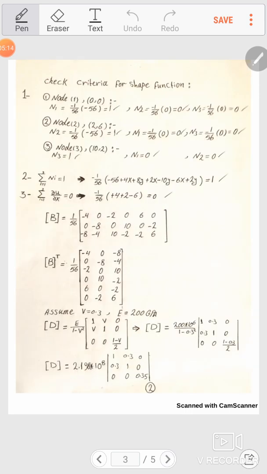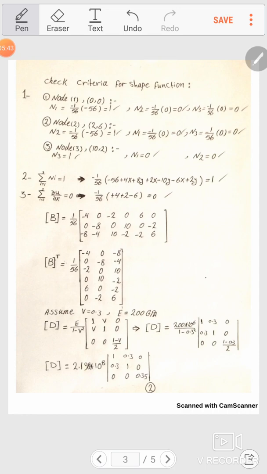After that, go to checking. First of all, the shape function is equal to 1 at its own node. So take node number 1, and this condition you should get the value 1.